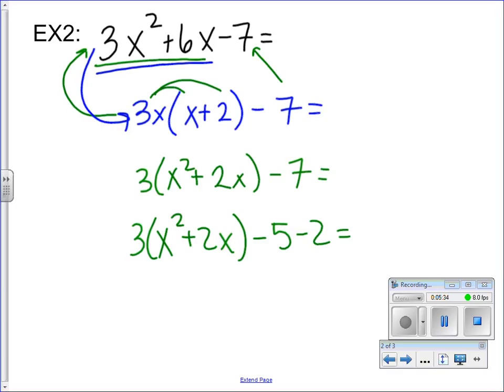So a common mistake we might see is people leaving a 6 here instead of a 2. And obviously we see that if we were to multiply the 3x back, we wouldn't end up with that original expression, so that is not correct. But that's going to come up. People are going to forget to take the 3x out of both the first and second term.